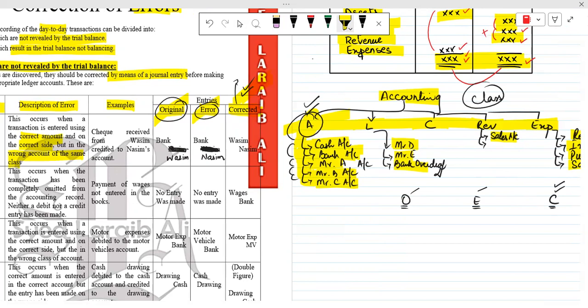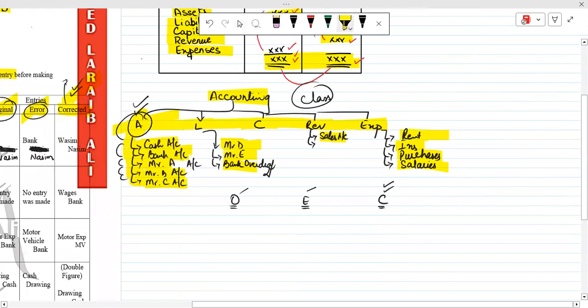In the same manner, in the class of liability, the account of Mr. D was supposed to be increased. We increased Mr. E's account. So it was the same class, but the wrong accounts. The same way, rent was supposed to be increased, but we increased the salary account. That means the class was the same, but the accounts were different. The accounts were wrongly made.